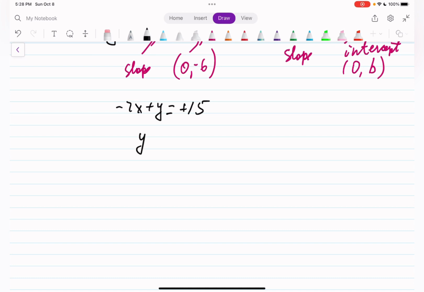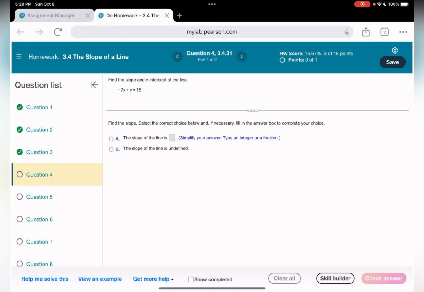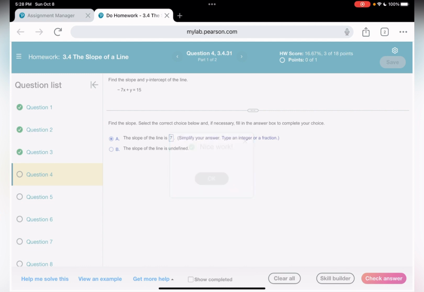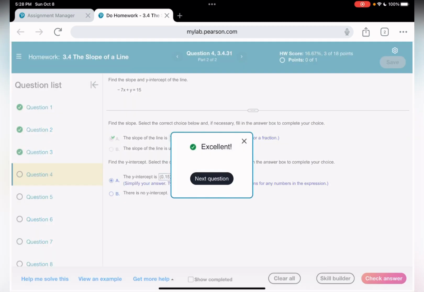I'm going to rewrite: y is equal to, flipping this over, positive 7x plus 15. Now I can say 7 is the slope and (0, 15) is my intercept. Put parentheses, 0 comma 15, closing parentheses, it's our intercept.